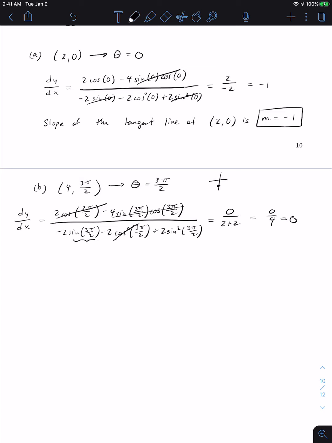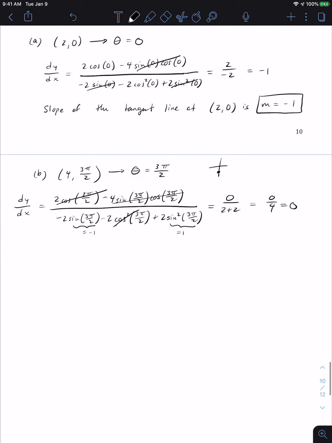This right here is negative 1, but then I square it, so that's 1. So 2 plus 2 is 4. So the slope of the tangent at the point 4, 3 pi over 2 is m equals 0. In other words, I have a horizontal tangent.